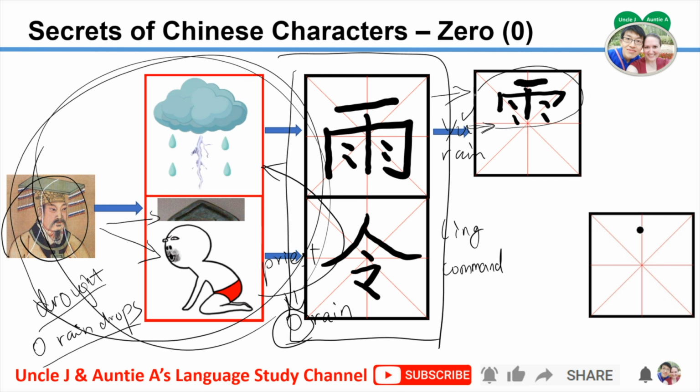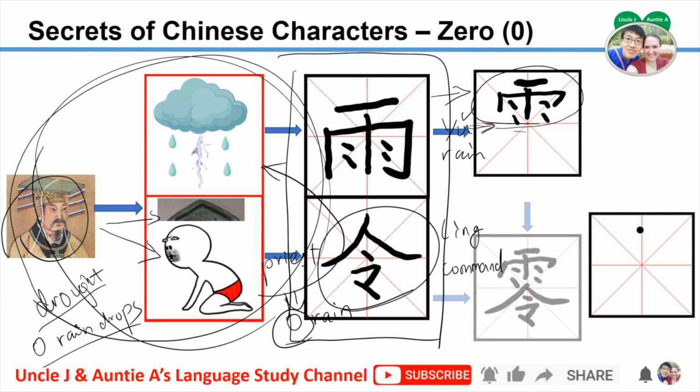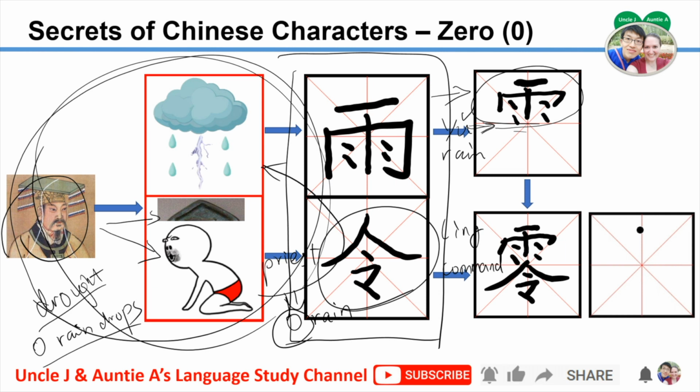to be like this as the original shape, and put it on the top, and then put this command part on the bottom. So we squeeze it down to be like this. Squeeze 2 characters in a box, make a new character, and this character is called 令, L-I-N-G, 令. The meaning is 0.